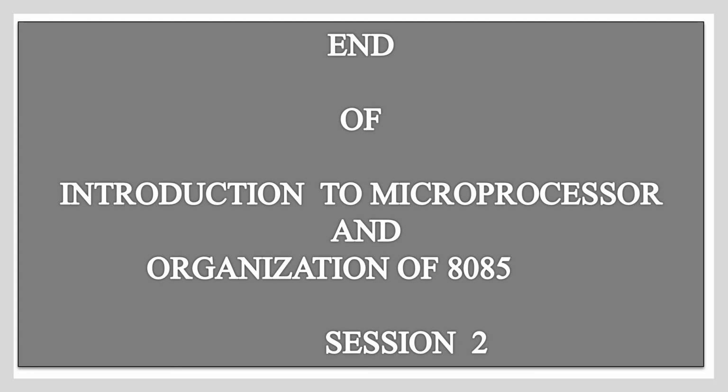In the next session we will do the remaining pins in detail. Because in the exam they ask you to draw the pin diagram of the 8085 microprocessor or explain any 3 pins in detail. So we have seen today X1, X2, reset out and the hardware interrupts in detail.